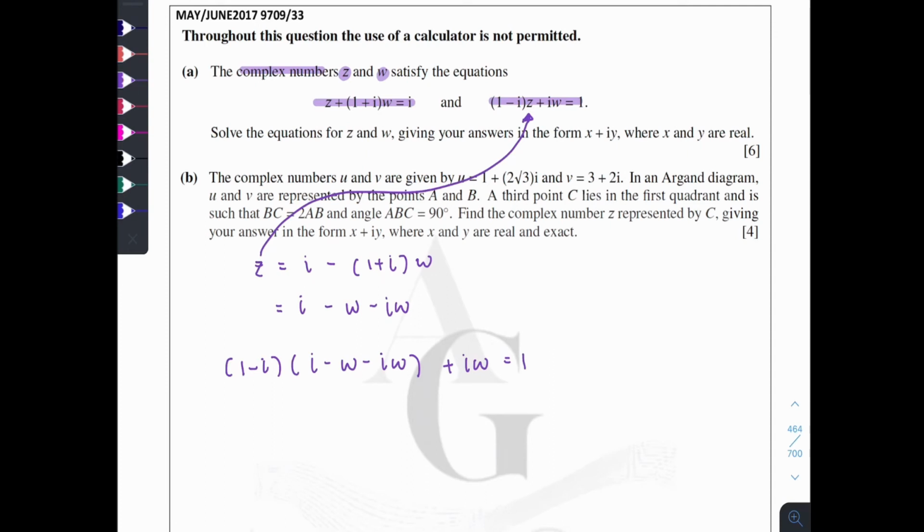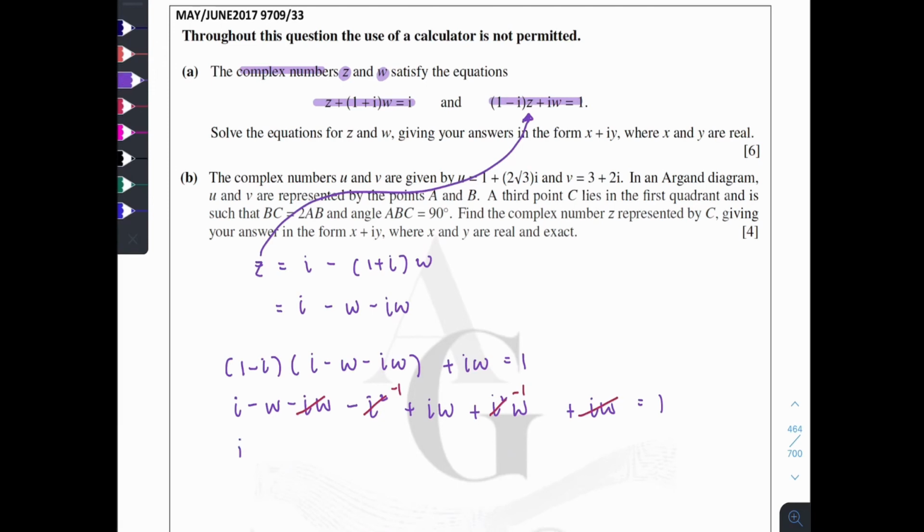So now we can expand it one by one. First we get i minus w minus iw, then minus i squared plus iw plus i squared w, and plus iw equals 1. For now, let's simplify it. The i squared, we can change into negative 1. And this negative iw and this positive iw can be cancelled off.